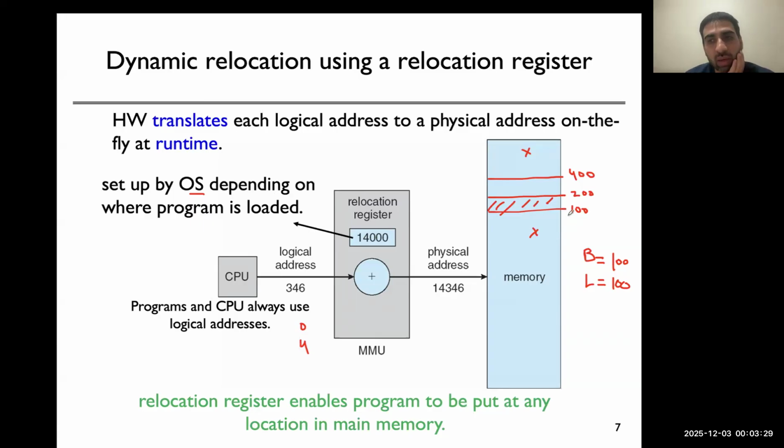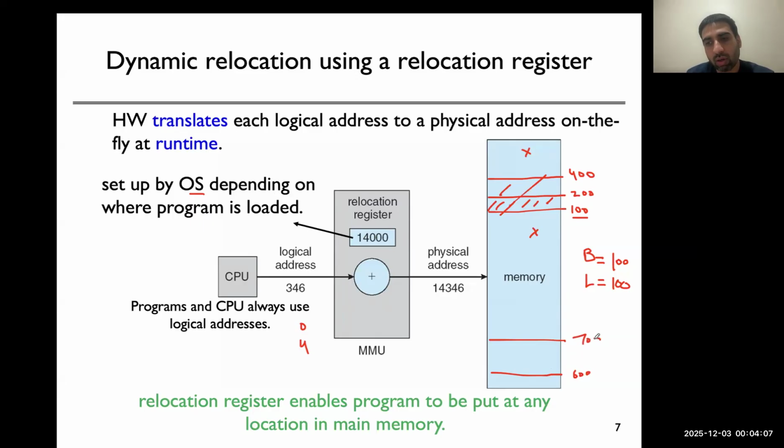Here, relocation and base registers are two different names for the same thing. So here the OS decides that 100 to 400 is available and the required size is only 100 bytes, so it can set the base register equal to 100. But in a different scenario, let's say all this was already occupied and there was space available starting at address, I'm just making up some numbers, 600 and 700, right?